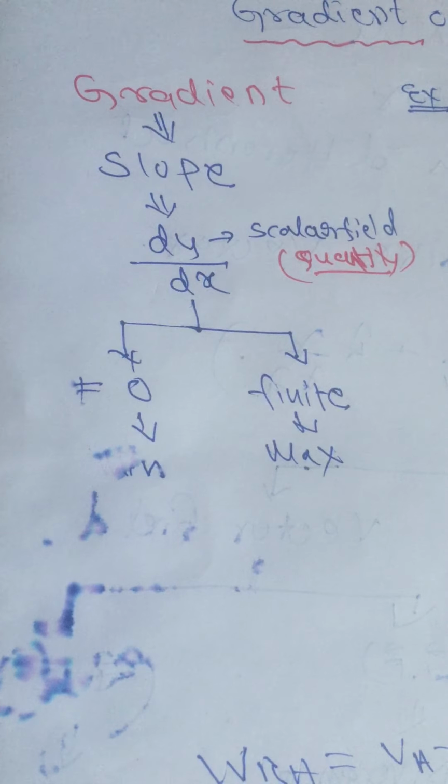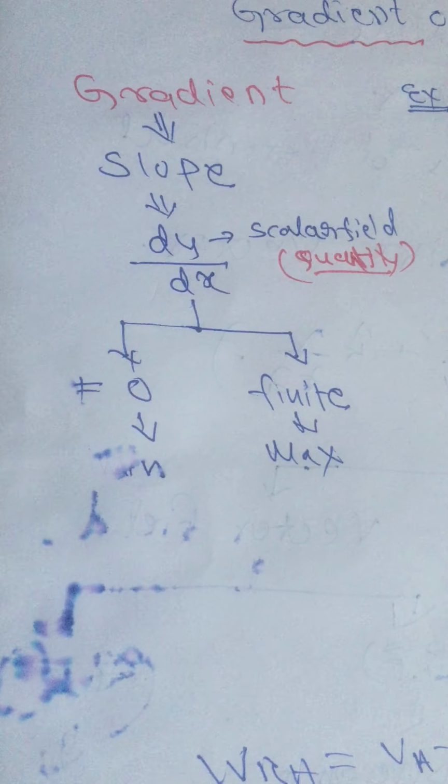Gradient simply means slope, that is dy by dx, in the sense the rate of change of a scalar field with respect to distance, where y is a scalar field or scalar quantity.